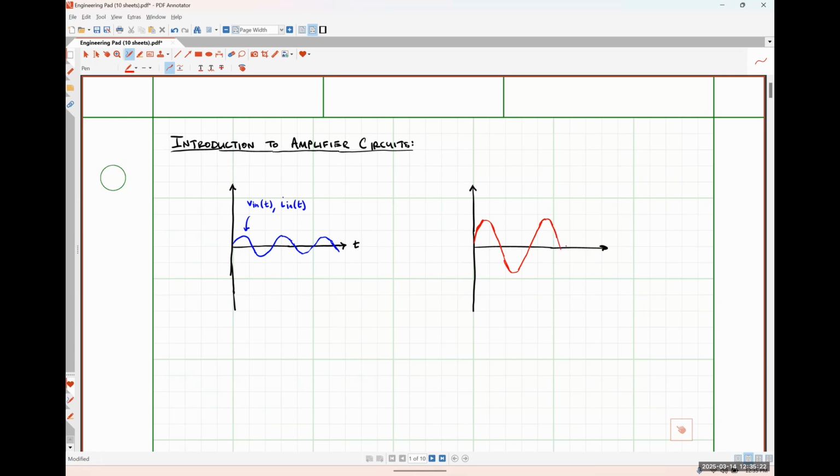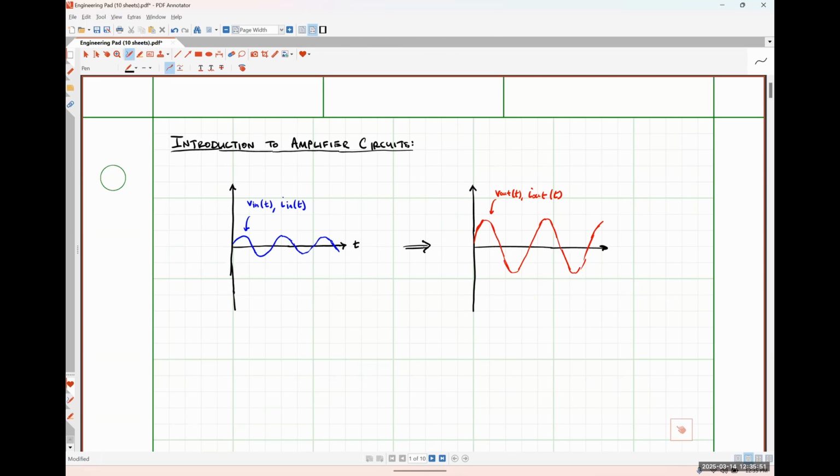So something akin to this, kind of loosely, right? Where this would be V_out as a function of time or I_out as a function of time, so forth.